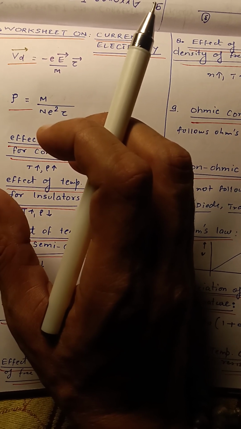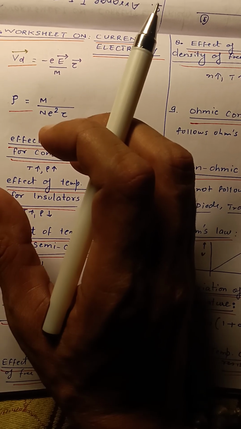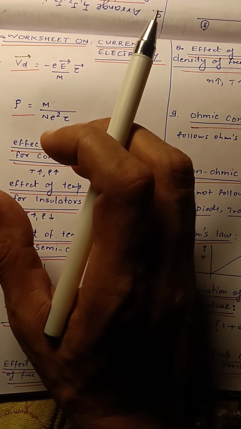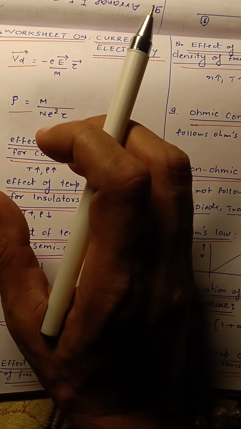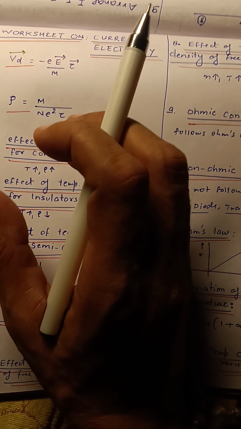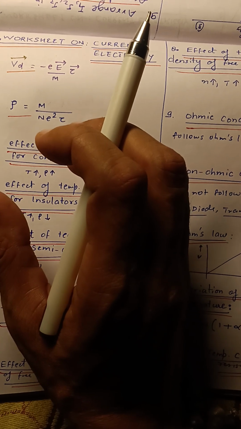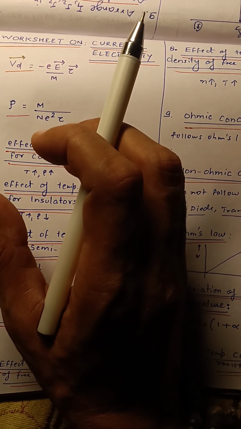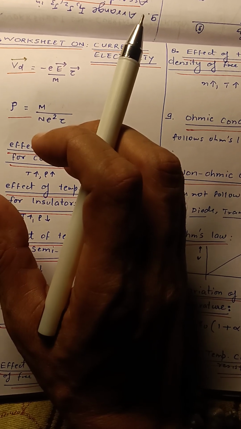What happens is that these electrons collide with each other, and it's a very complex system to analyze each electron. So if we assume that all the electrons move with a constant drift velocity opposite to the electric field, then we have a simpler system.